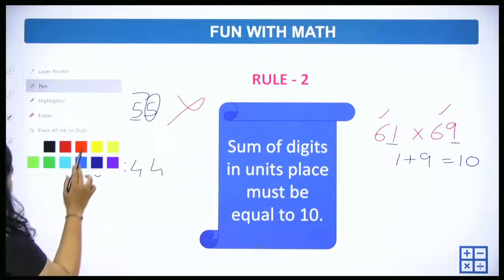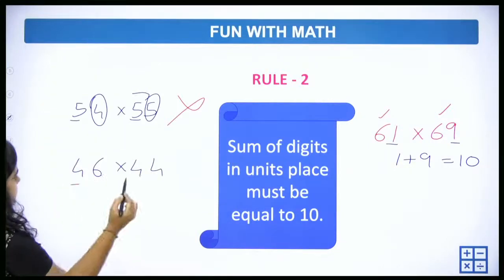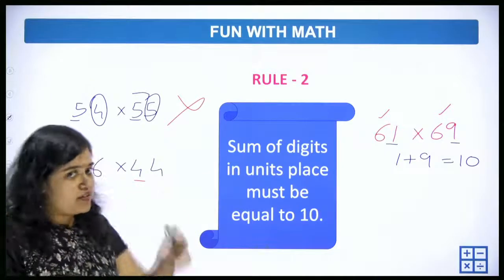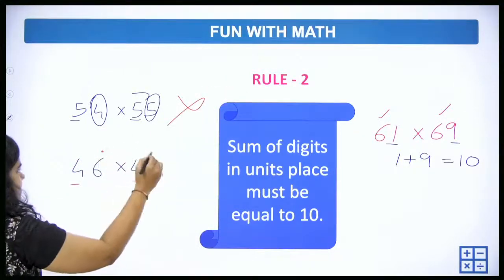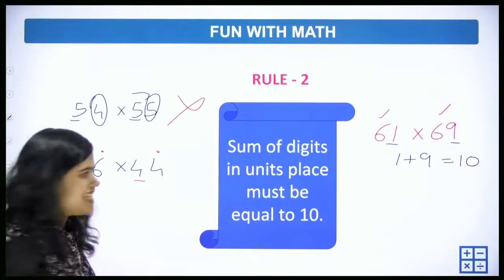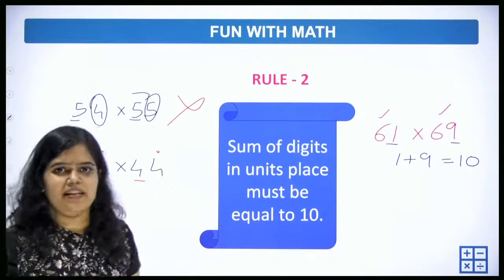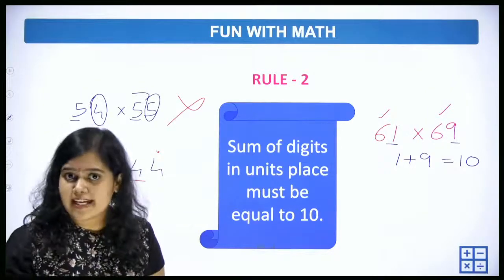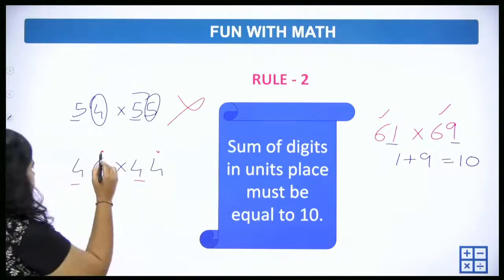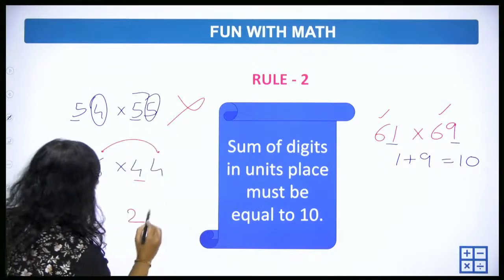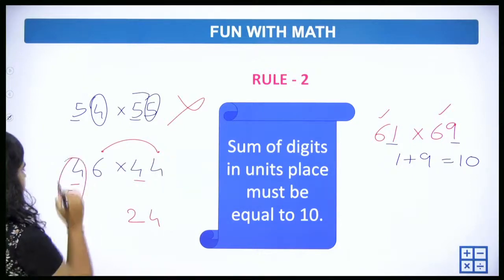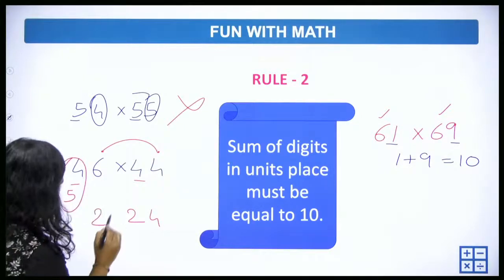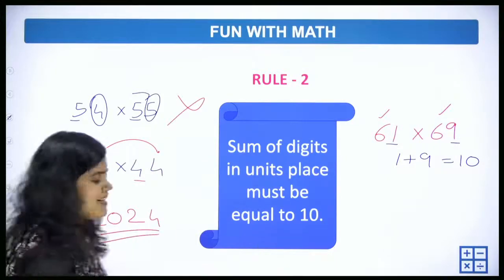Well, in 10's place we have 4 and 4. Yes, first rule is satisfied. What about rule 2? 6 plus 4 is 10. So here you can use the trick, and what will we get the solution as? 6 4s are 24. Again you have 4, so 5 into 4. 5 4s 20. So 2024 is the product.